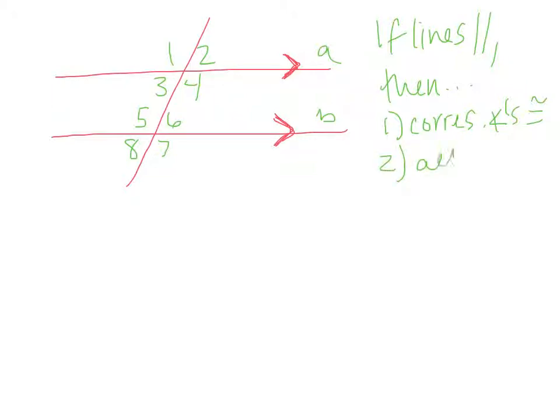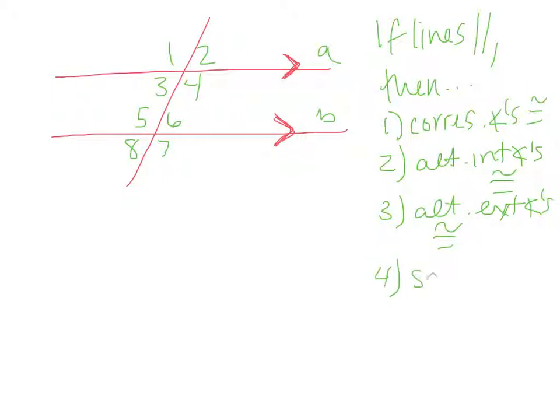We know alternate interior angles are congruent. We're going to be able to prove that. It's very similar. 3, we know alternate exterior angles are congruent. And number 4, same side interior angles are supplementary. Okay, so these are the 4 rules.